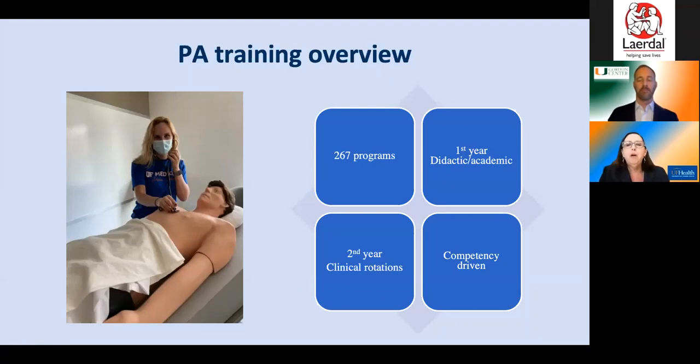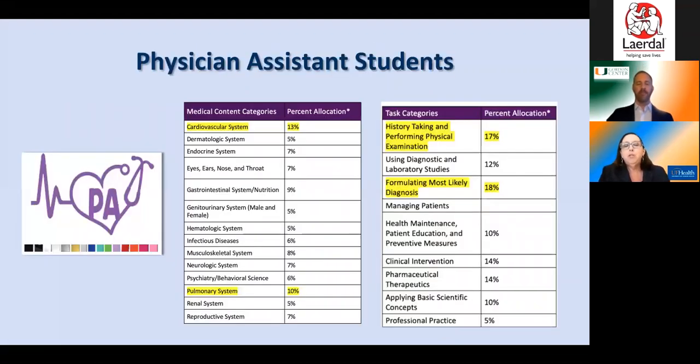So depending on where the PA program is located will determine the access to resources. And I'll spend a few moments talking about how we integrate the active learning components. But I also want to mention that PA training is competency driven. Each PA student must pass a certain set of competencies according to our national standards to move from one section of our training to another.